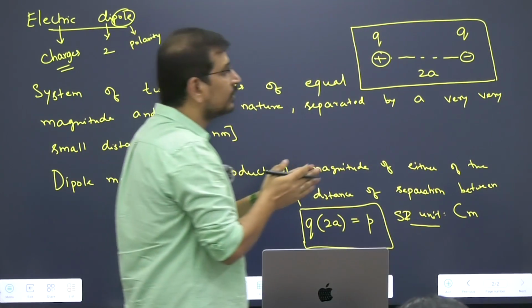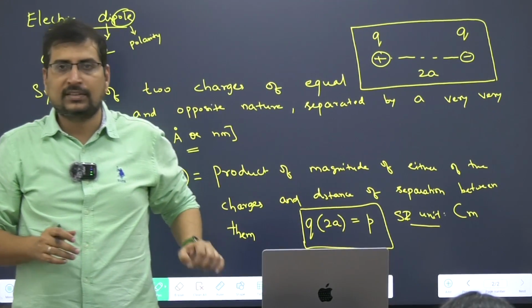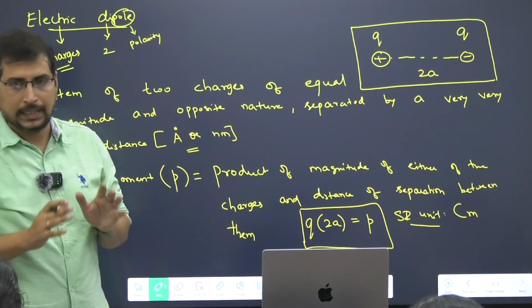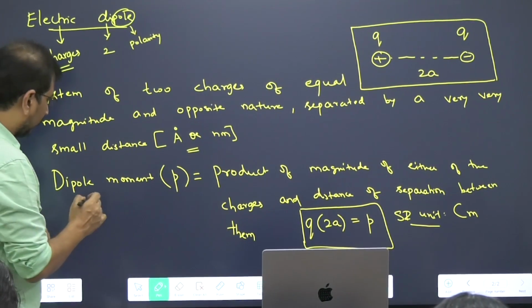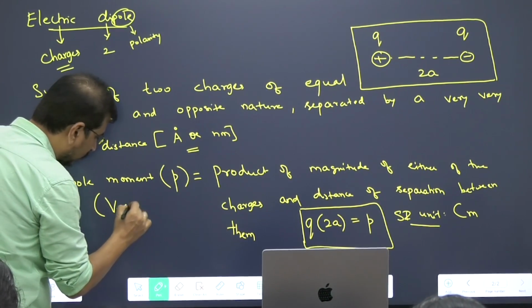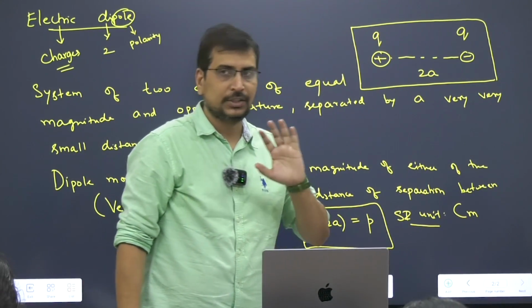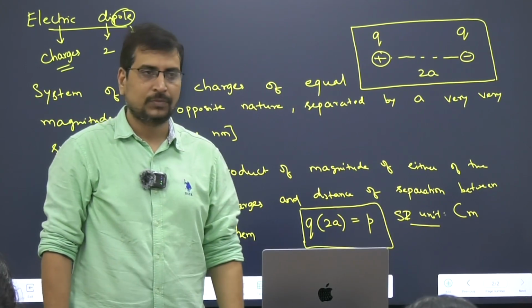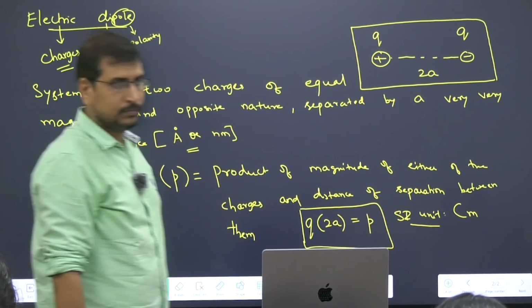The next question that we are supposed to ask is, this physical quantity q into 2a, which is called the dipole moment, is it a scalar or a vector quantity? The answer to that is, it is a vector quantity. So dipole moment is a vector quantity. When I say it is a vector, it is my job to define the direction as well. The dipole moment is always directed from the negative charge towards the positive charge.